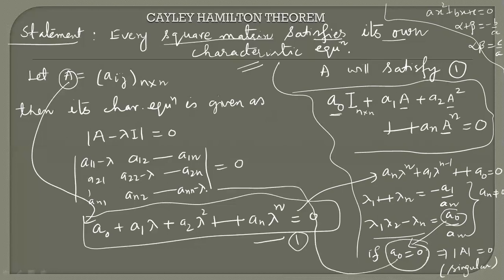If there is no constant term involved in the characteristic equation, it will give you the information that the given matrix is not invertible. If there is no constant term in the characteristic equation of the given matrix, then the matrix will be a singular matrix.